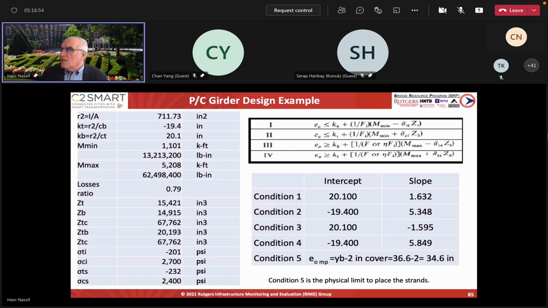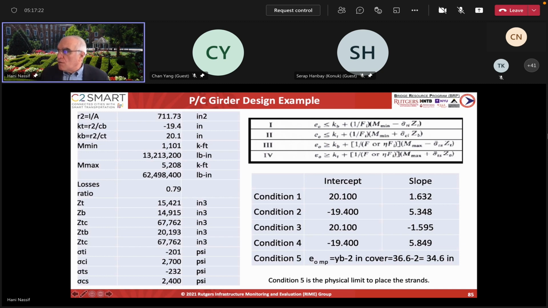And if we write the equation, we have all this Fi here, the initial pre-stressing force, which is unknown, and eccentricity is unknown. Fi is the initial pre-stressing force. F is the effective force, or if you apply the losses, if you assume 20% losses, then 0.2 times that will give you the Fi.